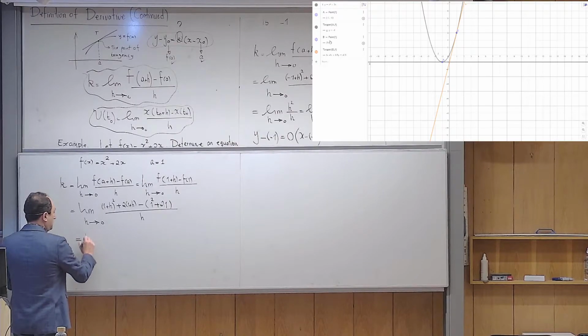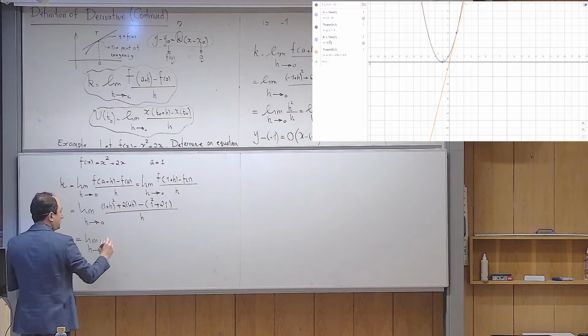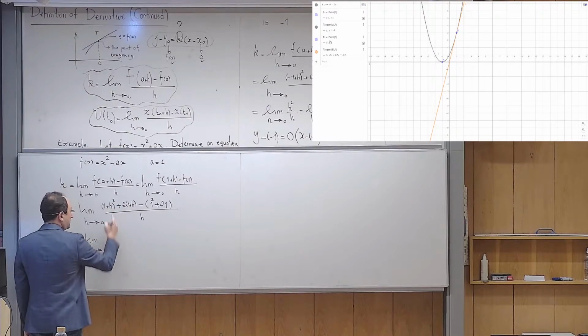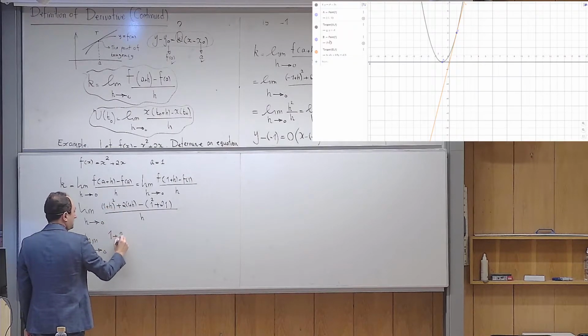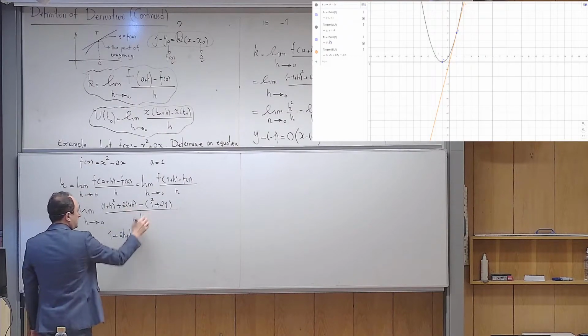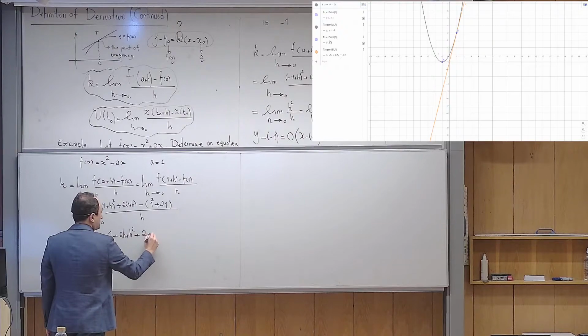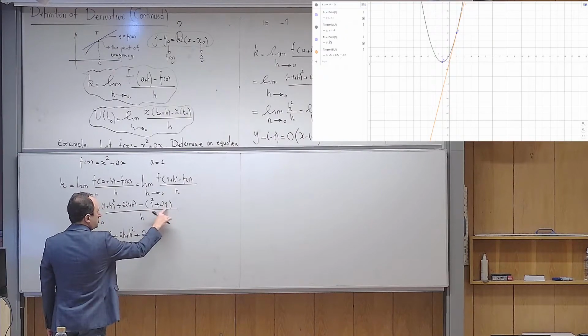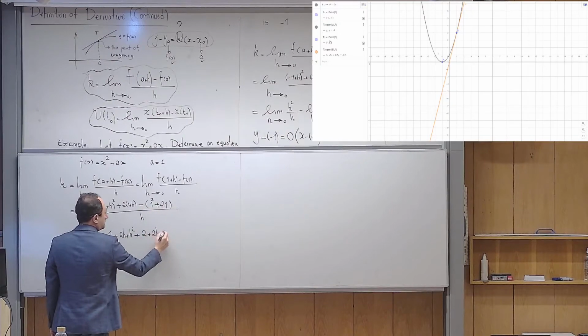So this becomes the limit, h goes to 0, and I expand this. This one to the power 2: the first one squared, 2 times the first one times the second one, and the second one squared. And then here I multiply 2 in, so this becomes 2 plus 2h. But this is easy to calculate in my head. This is 1, this is 2, added 3, minus 3.